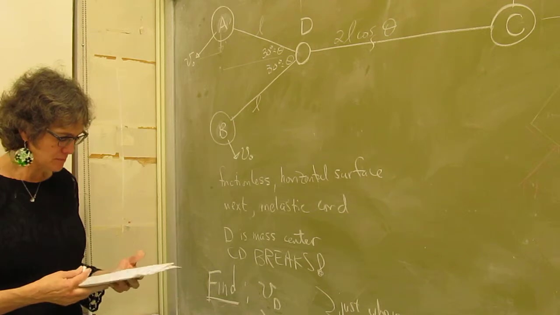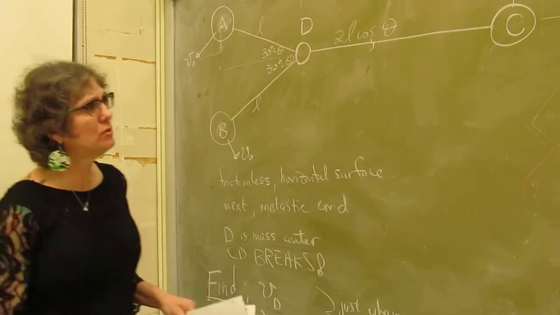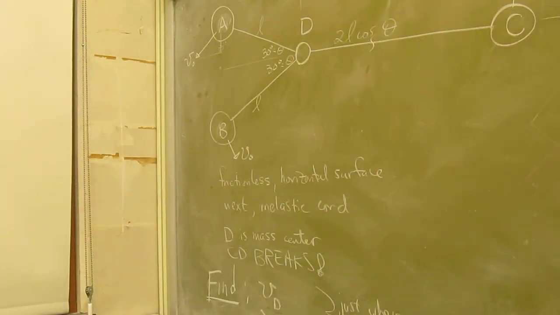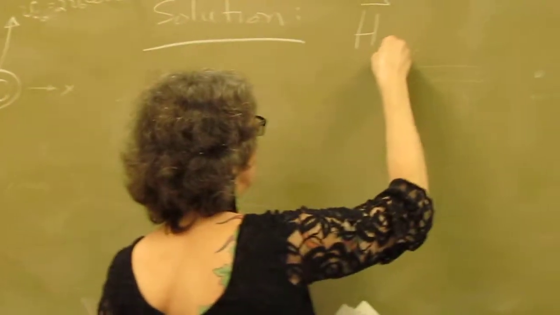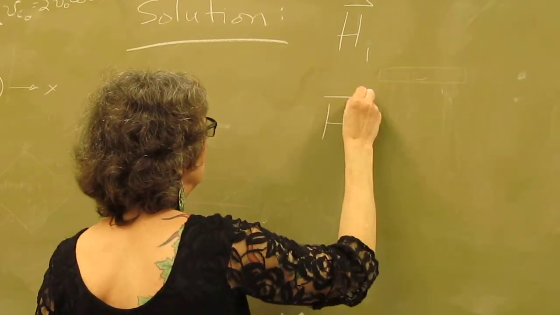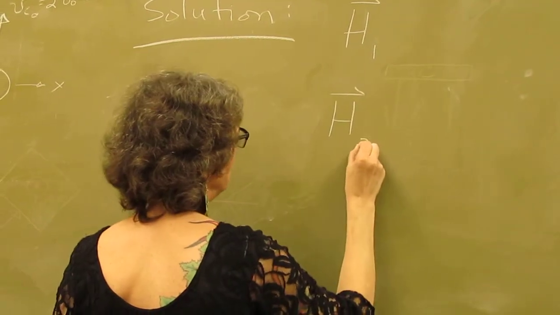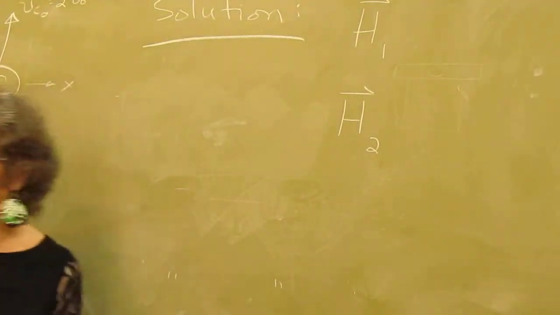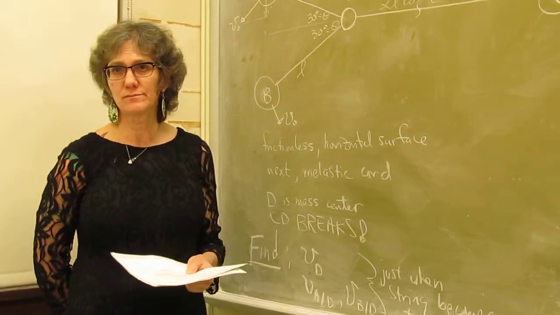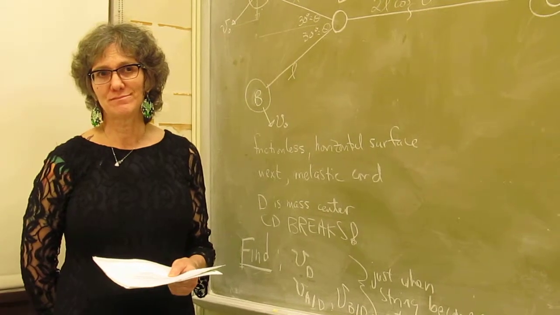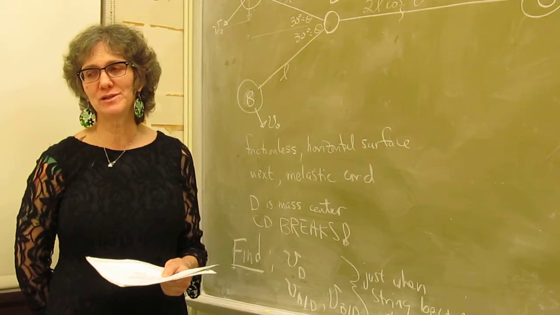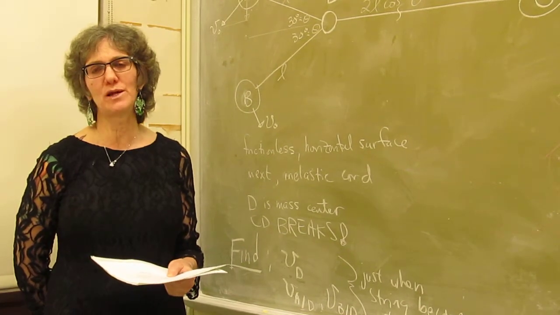Okay. All right. So we want to calculate the angular momentum of the system at time 1, the angular momentum of the system at time 2. And I just realized that I made a huge mistake in the way I wrote down that formula. If you copied it, I hope you correct it.